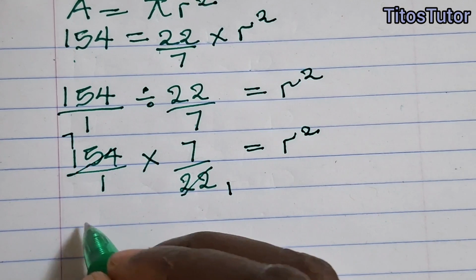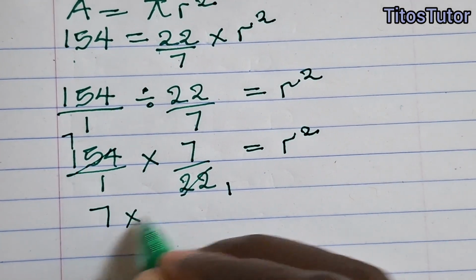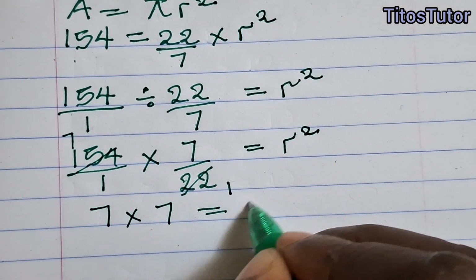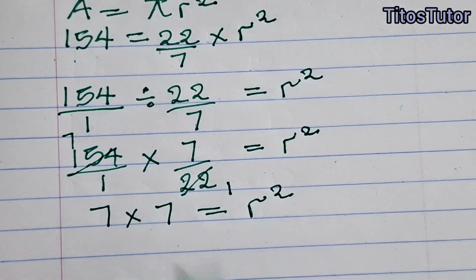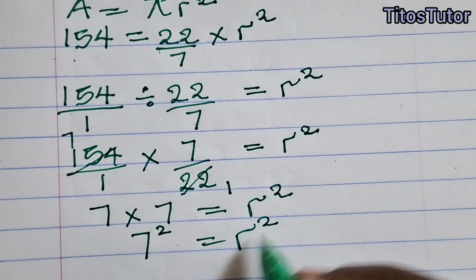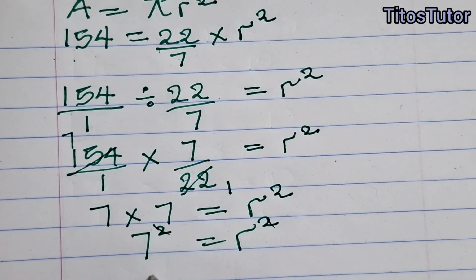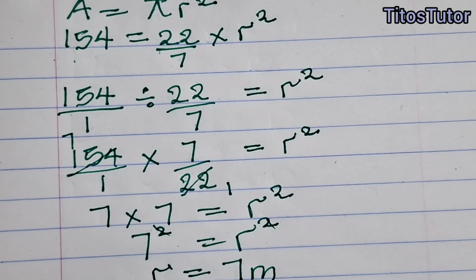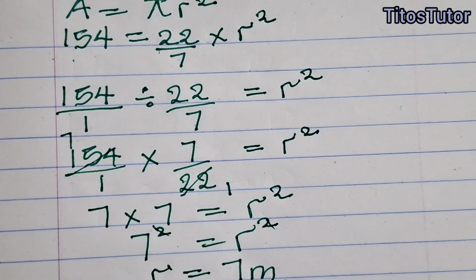So I have 7 times 7 is equal to r square. You know this is 7 square and this is r square. The square cancels square. Radius is equal to 7 meter, and you're done.